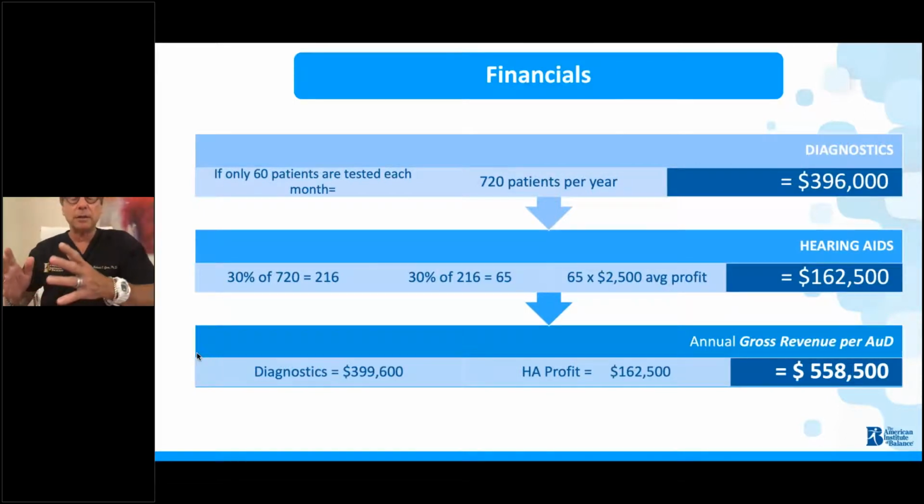And by the way, 60 patients is not a lot. At AIB, we see 250 patients a week.